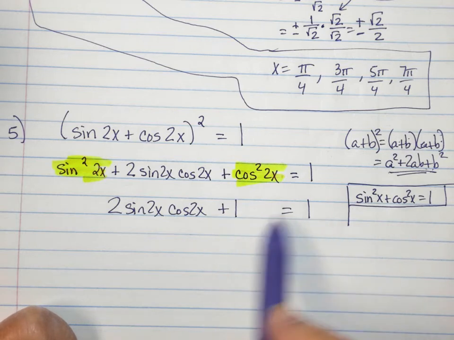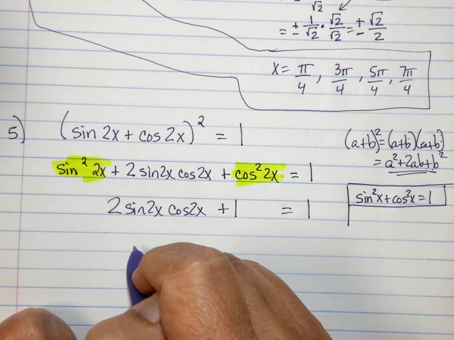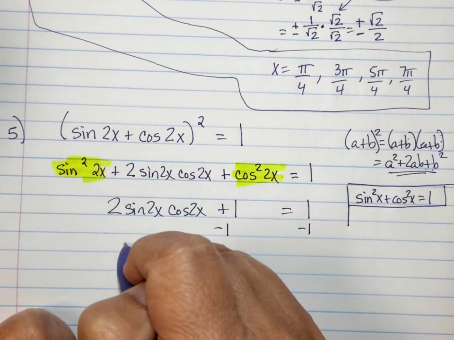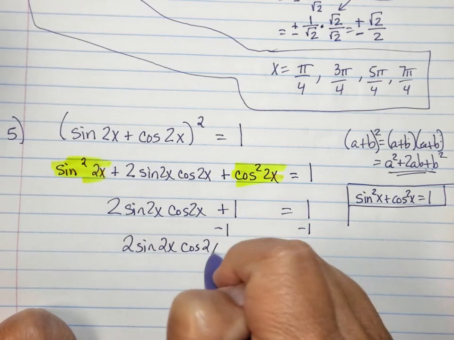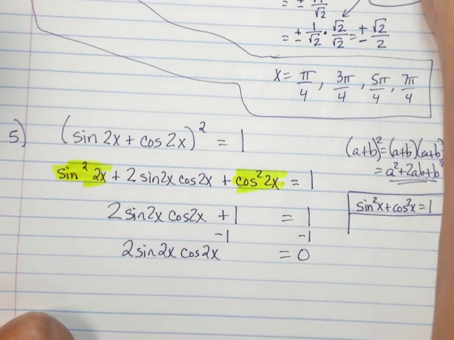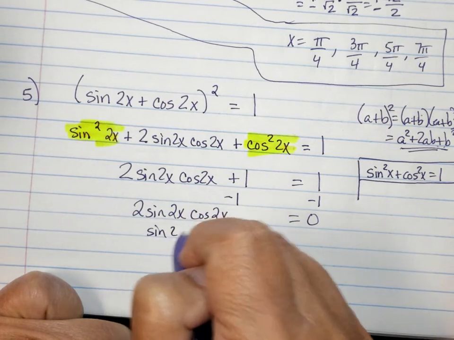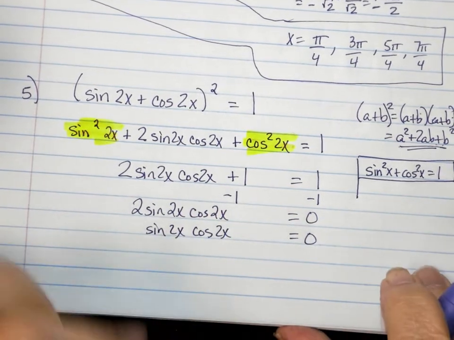All right, now I can subtract 1 from both sides. 2 sine 2x cosine 2x equals 0. Can divide both sides by 2. So sine 2x cosine 2x equals 0.